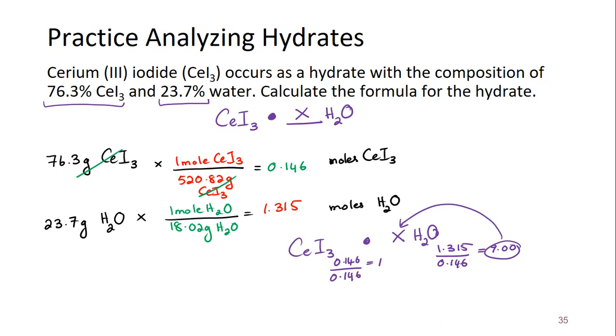So that number is x. Now you just have to finish the problem by writing the correct format for this hydrate formula. So your full answer is cerium iodide nonahydrate. Cerium 3 iodide nonahydrate is the formula for your unknown hydrate.